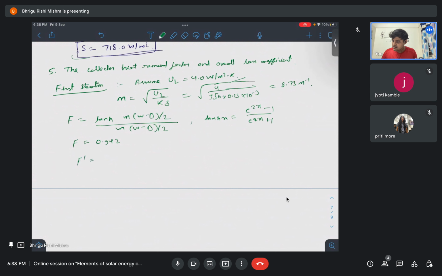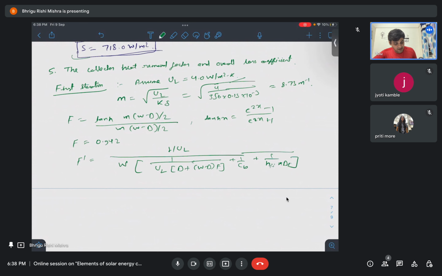F dash is the collector efficiency factor, and the formula is given as 1 by UL, divided by W, times 1 by UL(D plus (W minus D)F) plus 1 by Cb plus 1 by h_fi pi Di.